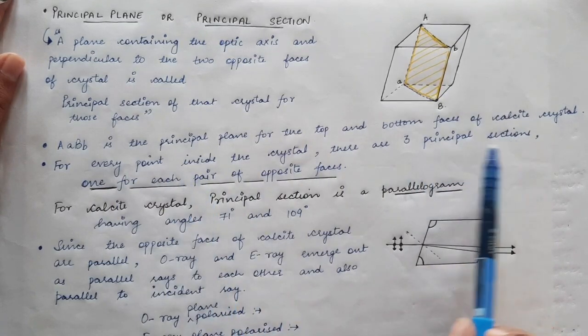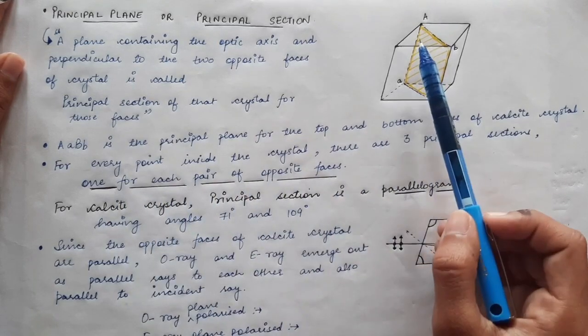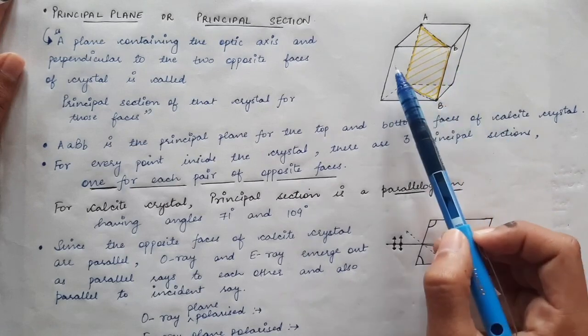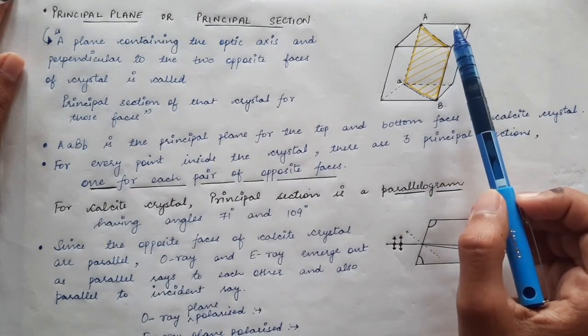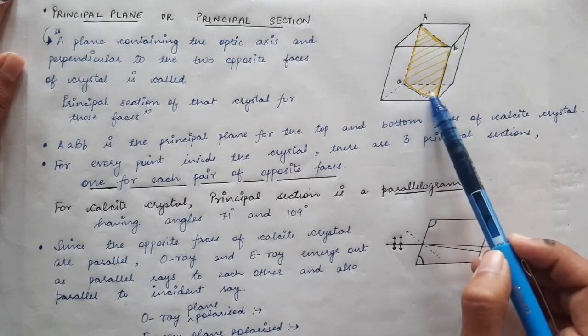Those three principal sections will be for each pair of opposite faces. One principal section will be drawn for the faces at the left and at the right. The second principal section can be drawn for the two opposite faces, one at the top and another at the bottom.